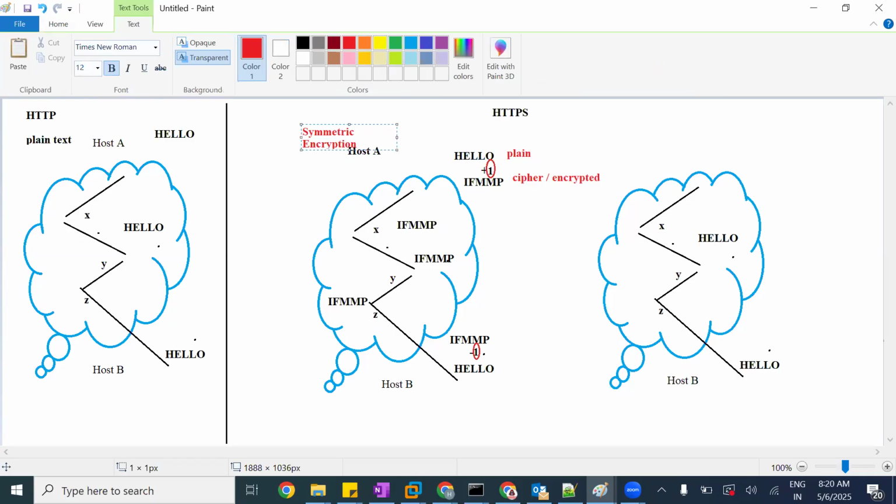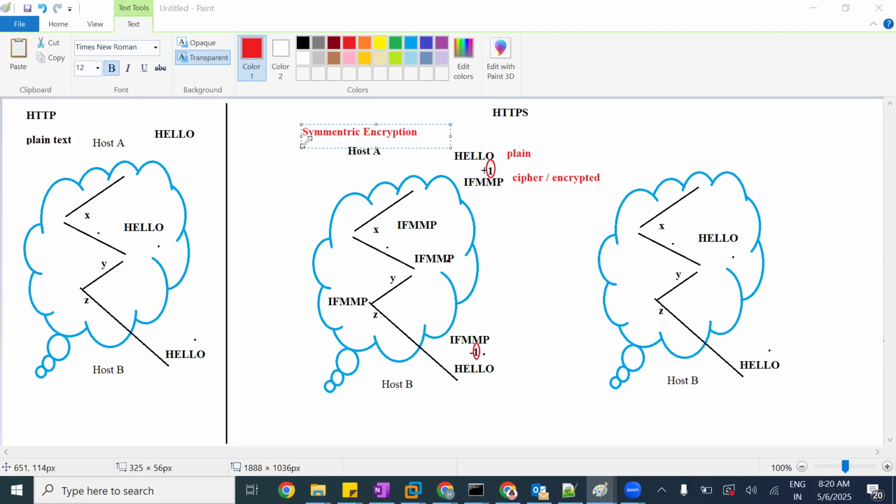In case of symmetric encryption, we use the same key.